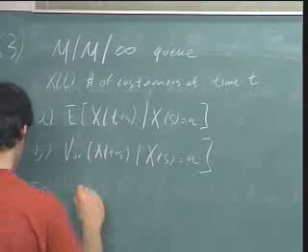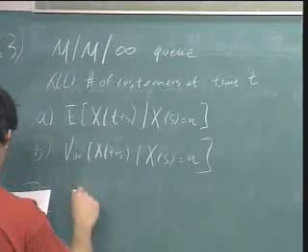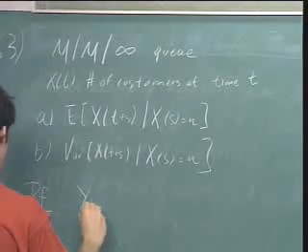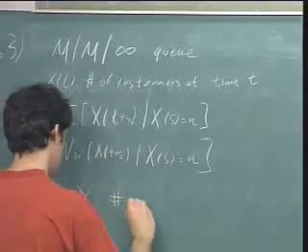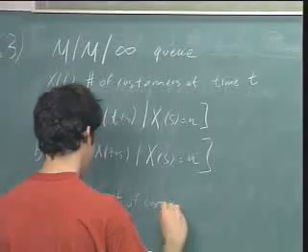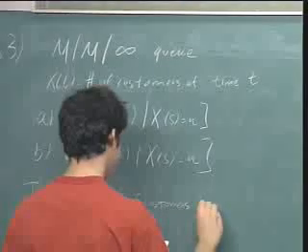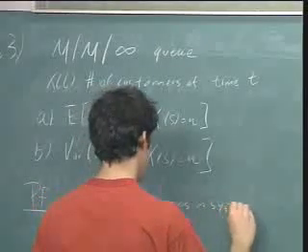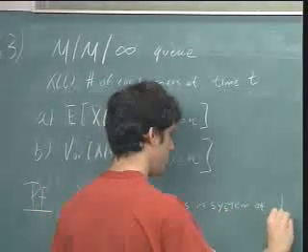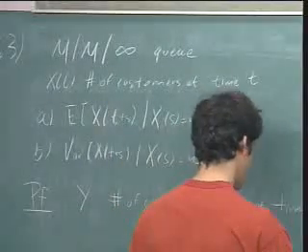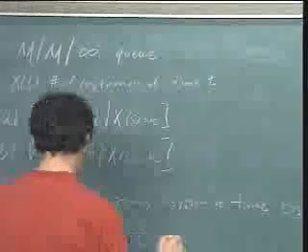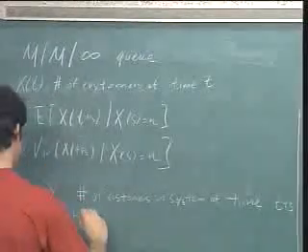So let's say, as Professor Witt has written, let Y be the number of customers in the system at time t plus s that were present at time s.